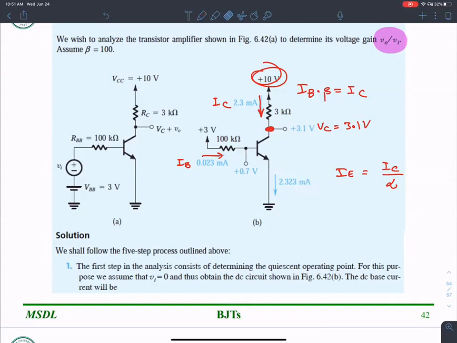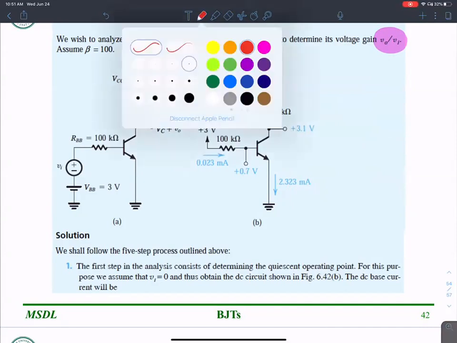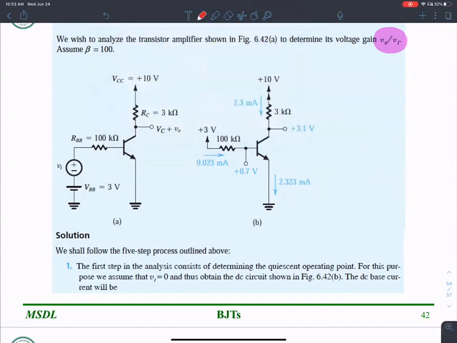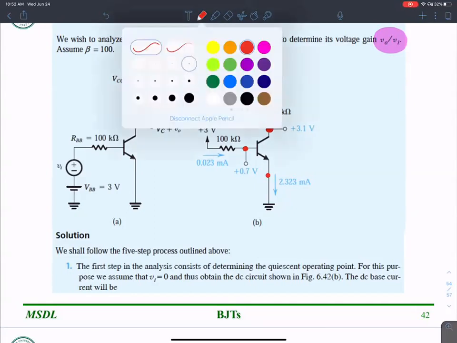Now this is a complete DC analysis. What's the value of VE over there? That's 0. What's the value of VB over here? That's 0.7, because it's one end of the forward biased diode. And I found that the value at VC is 3.1 volts.